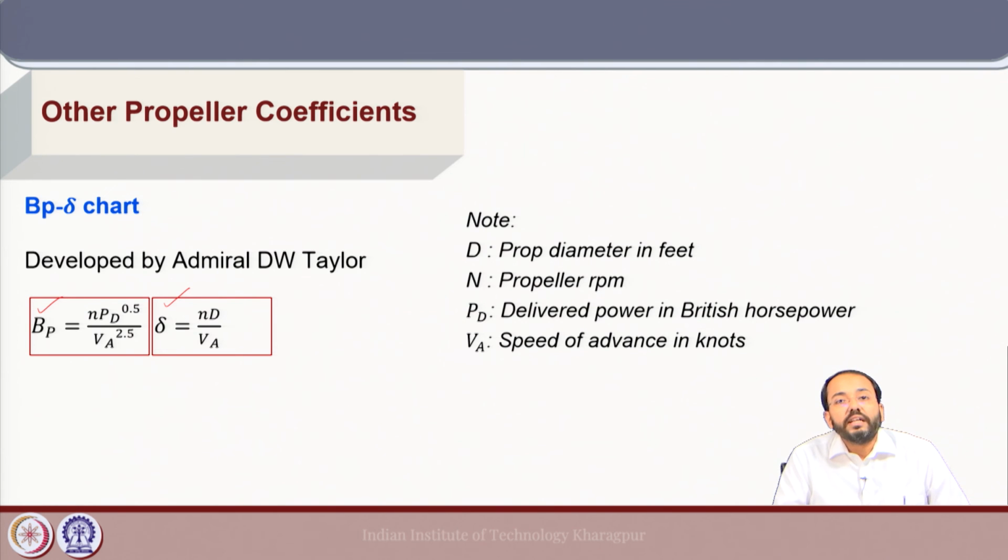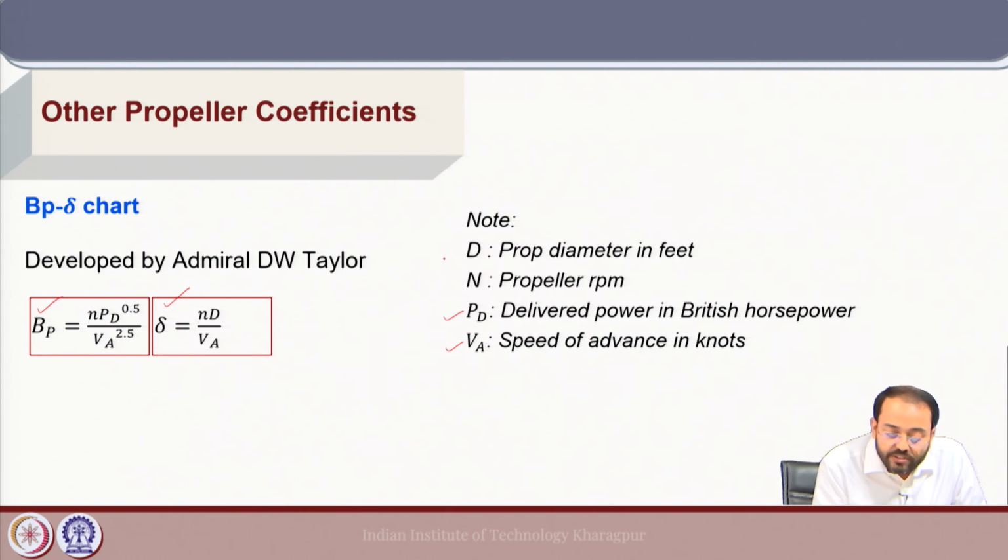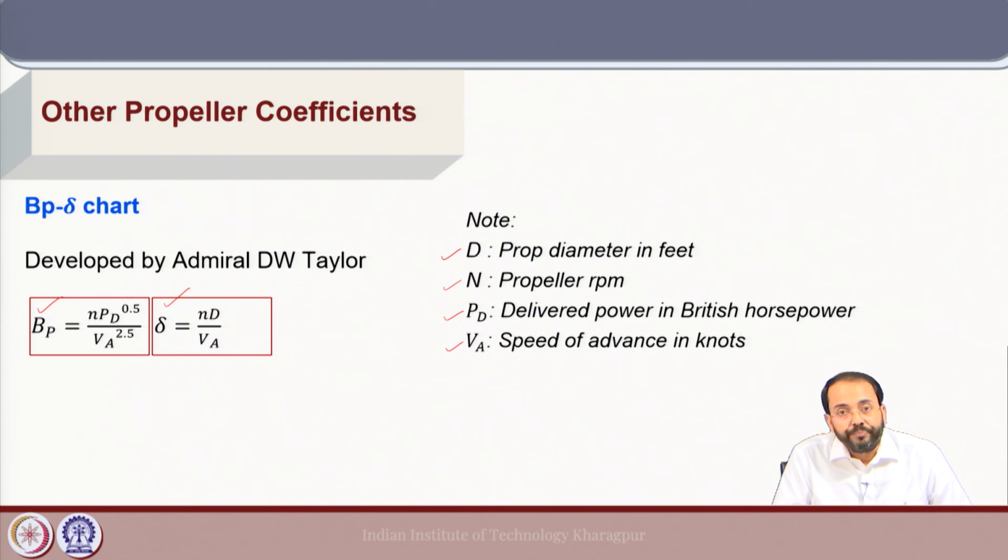Here the system which is used is the British system. So, PD is the delivered power in British horsepower and VA is the advance speed in knots, whereas you have the propeller diameter in feet and n is propeller RPM.